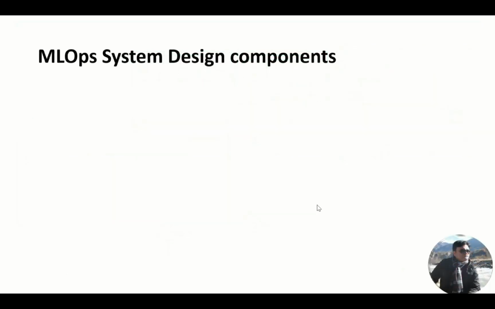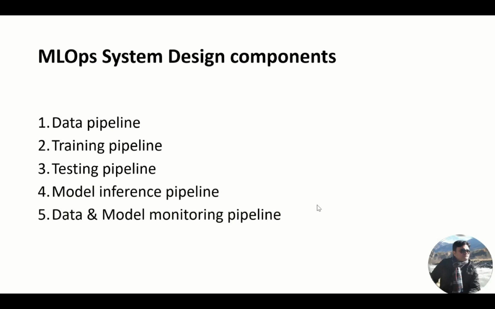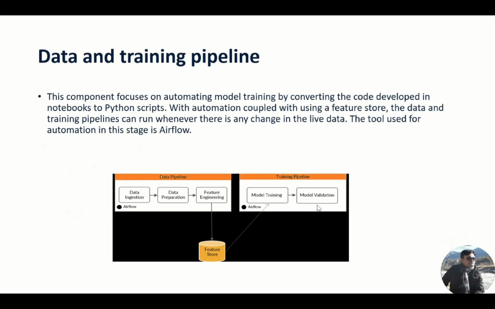As we discussed, these are the five pipelines through which we can create the MLOps pipeline, and we will discuss all of these pipelines one by one. First, the data and training pipeline. These components focus on automating model training by converting the code developed in the notebook to a Python script.